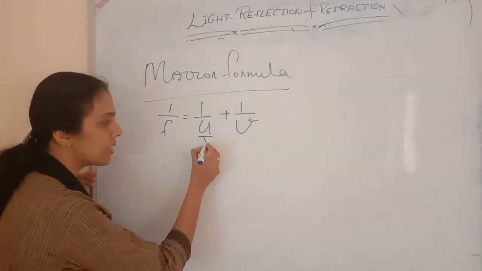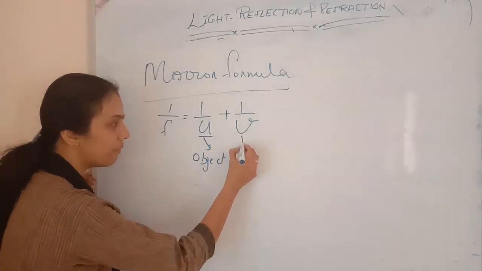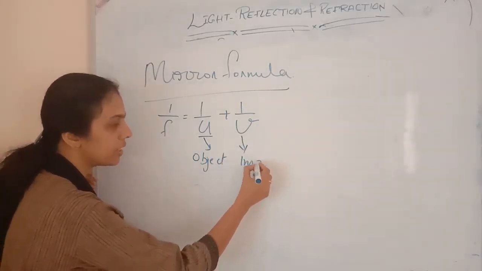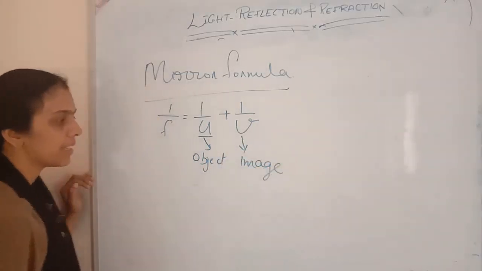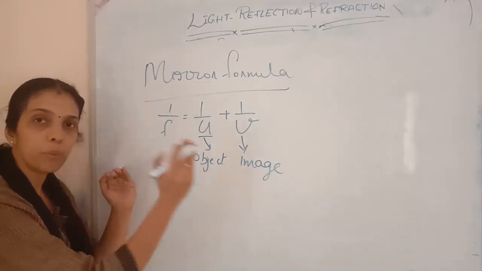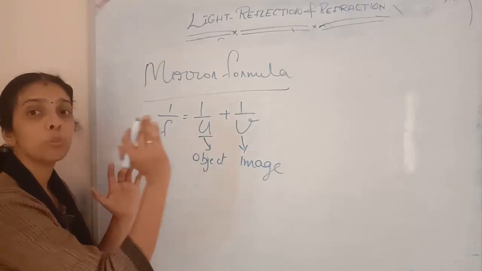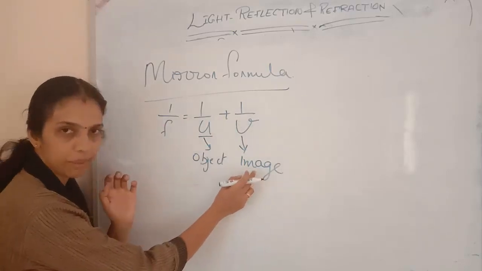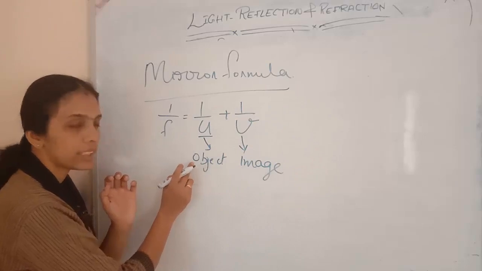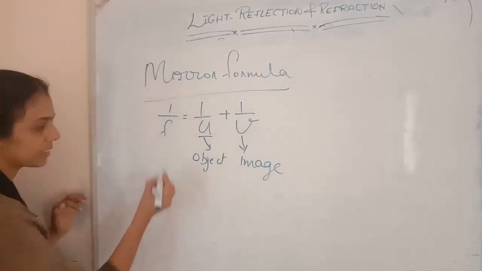Here U is the object distance and V is the image distance. Object distance is from the pole to the position of the object, and image distance is from the pole to the position of the image.